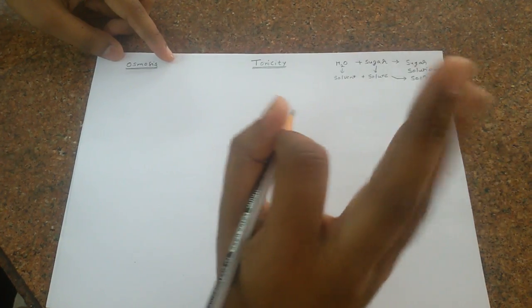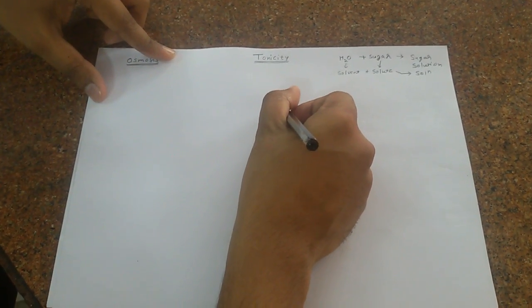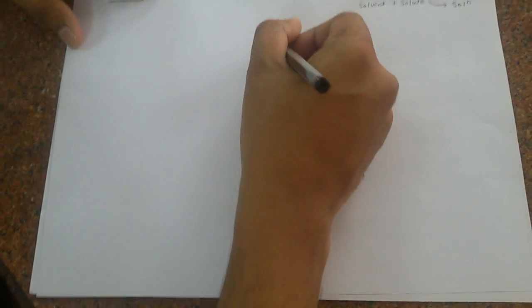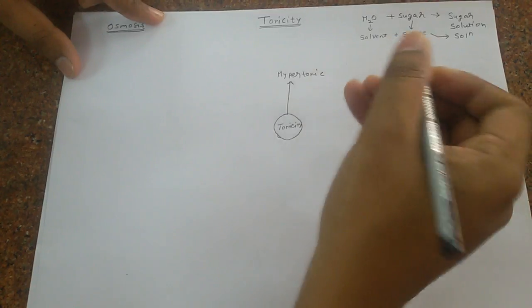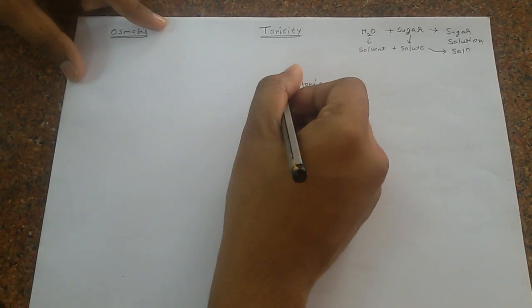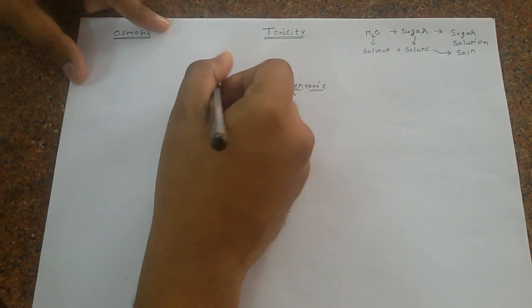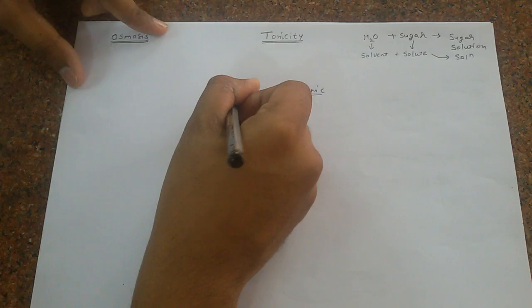So there are three types of solution that we have depending upon the concentration. One is hypertonic solution. So this word tonic comes from the tonicity, and hyper means above or more.